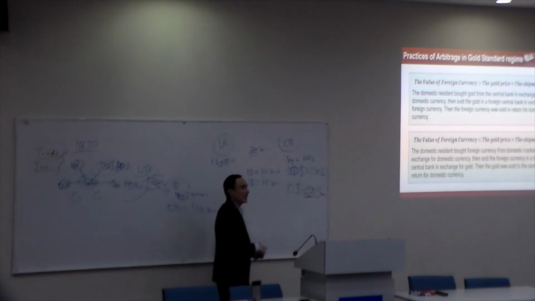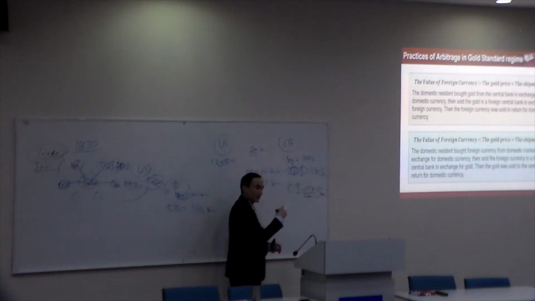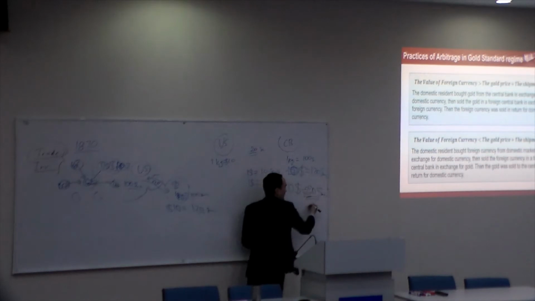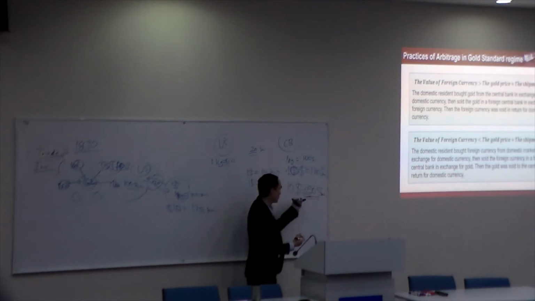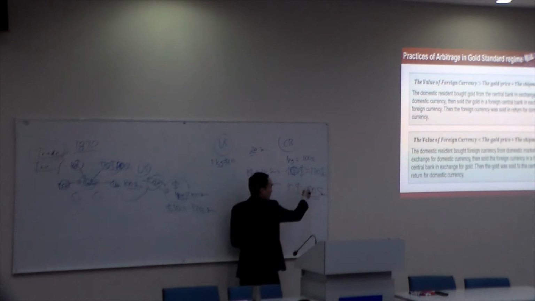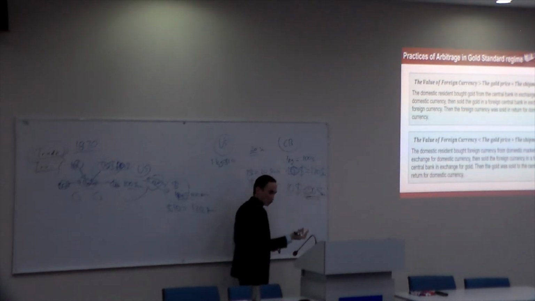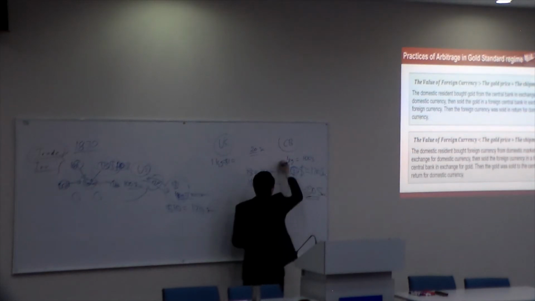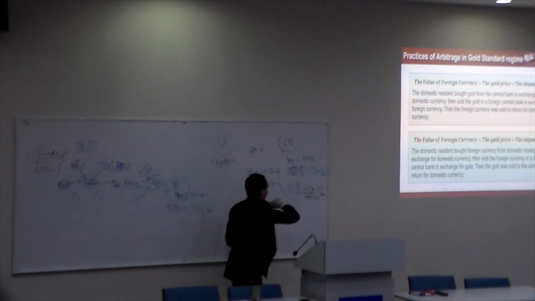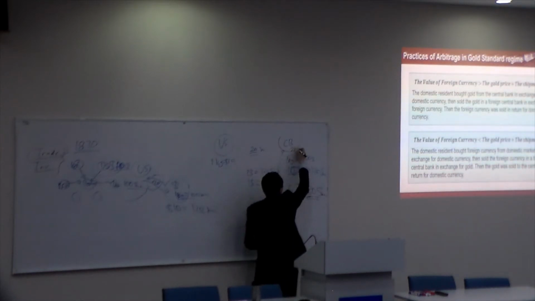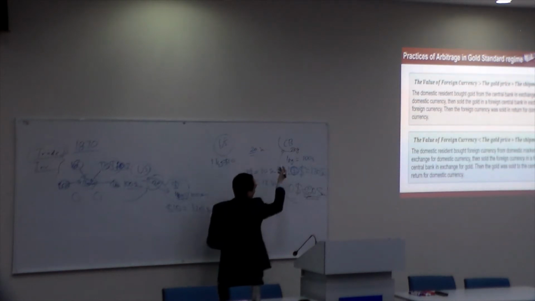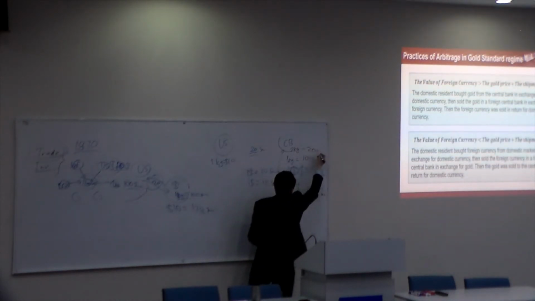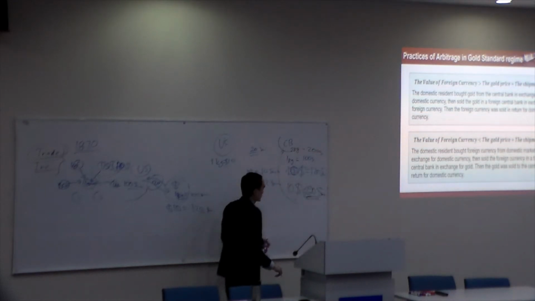So look, some agents in the economy, after seeing that kind of depreciation of the local currency and appreciation of the foreign currency, will take it for granted. So what will they do? They will sell gold, convert into soon, and let's suppose they come to the central bank. They buy 2 kilograms of gold, which costs them 200 soon.